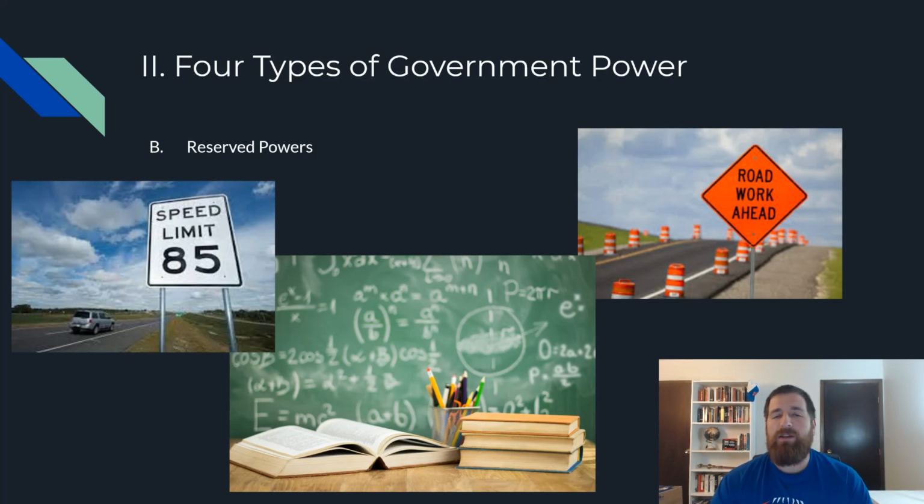So any power that does not go to the federal government automatically is given to the states. This includes control of things like roads, whether that's building and maintenance of roads, or passing laws on roads with regards to things like speed limits. This also includes things like education. All of those are examples of reserved powers, or things that are controlled by the states, not the federal government.